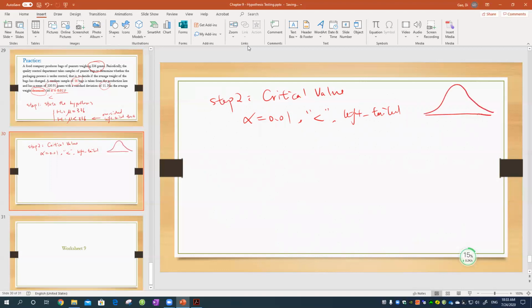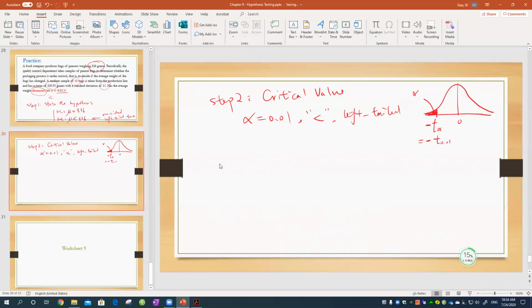So now it's a T-curve, and 0 lies in the center, and then the extreme value comes from the left. So the rejection region is from the left because it's left-tailed, and it equals the type 1 error or significance level. So this value is going to be a negative number because it's to the left of 0. So negative T sub alpha, that's negative T sub 0.01.